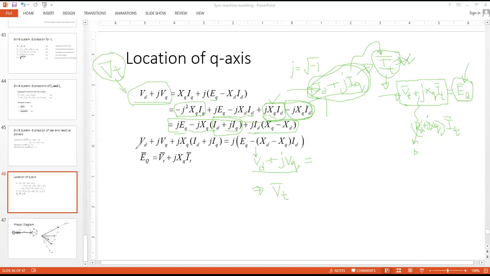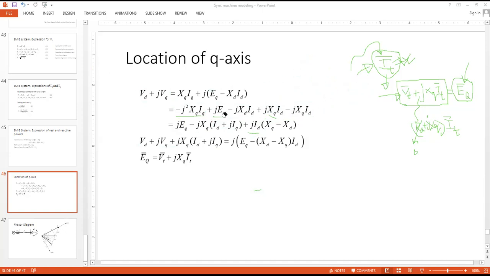So VD plus JVQ, and then we bring this minus JXQ ID plus IQ on the left hand side, and we keep the remaining on the right hand side. You see that on the right hand side we have all with some J operator, and then we have some expression in terms of ID, XD, and XQ.